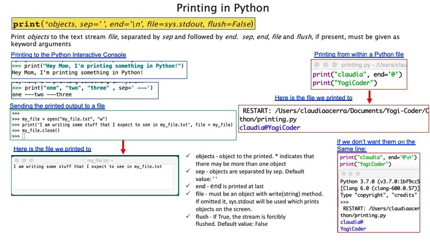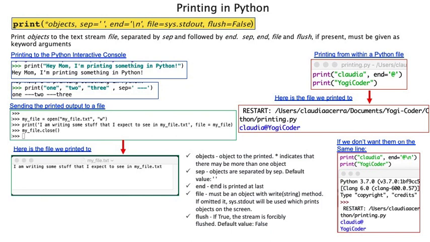We can also send the print output to a file. I'm certainly not going to get into file reading and writing in this particular class, but we certainly will in an upcoming one. My file equals open, myfile.text, and we'll write. That's what the W is for. And then what do we want to print?